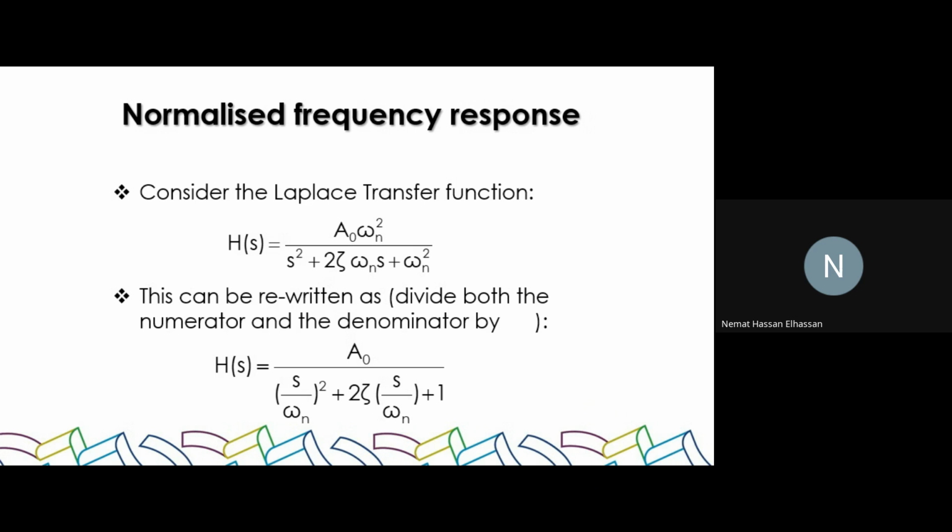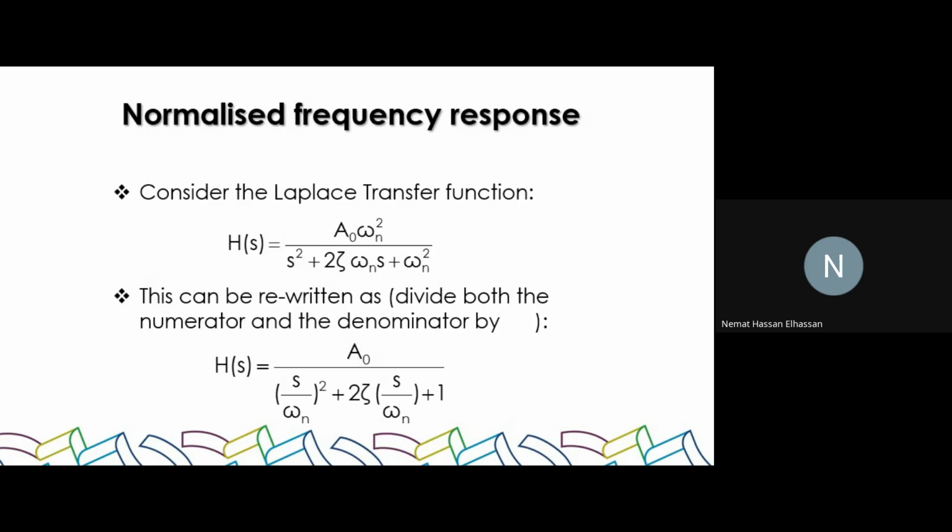Therefore, we create what is called the normalized frequency response. When you look at the frequency response, all of your circuits will have the same cutoff frequency of 1. Then you can compare them because now you have a fair base. Then I can compare how they transition between pass band and stop band, how they have the gain before that cutoff frequency, and so on.